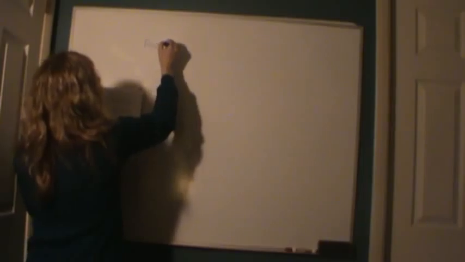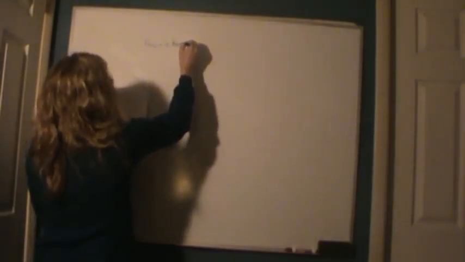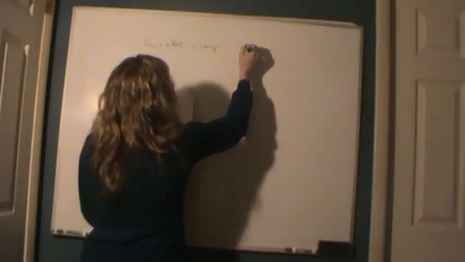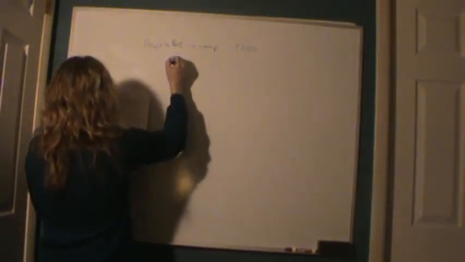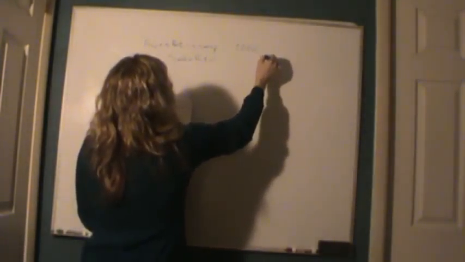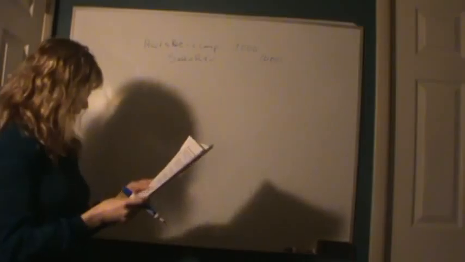On February 1st, sold merchandise to C Company for $1,000, terms net 30. So the net amount was due in 30 days.